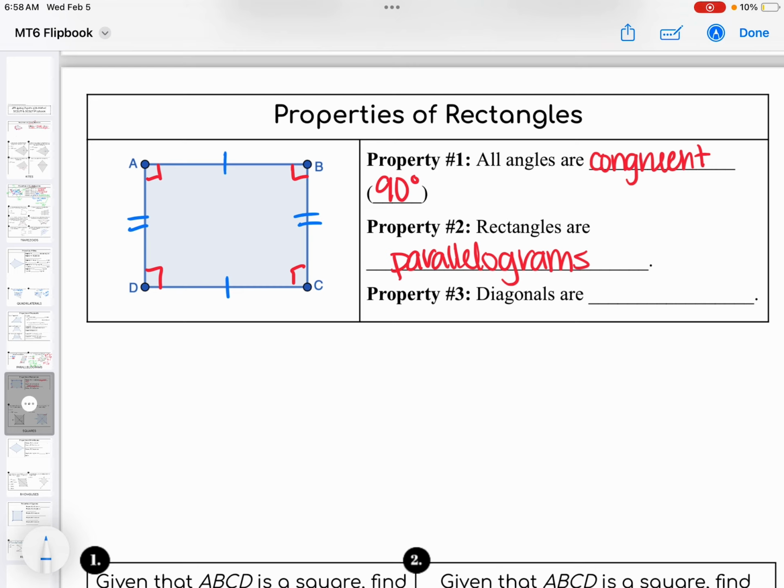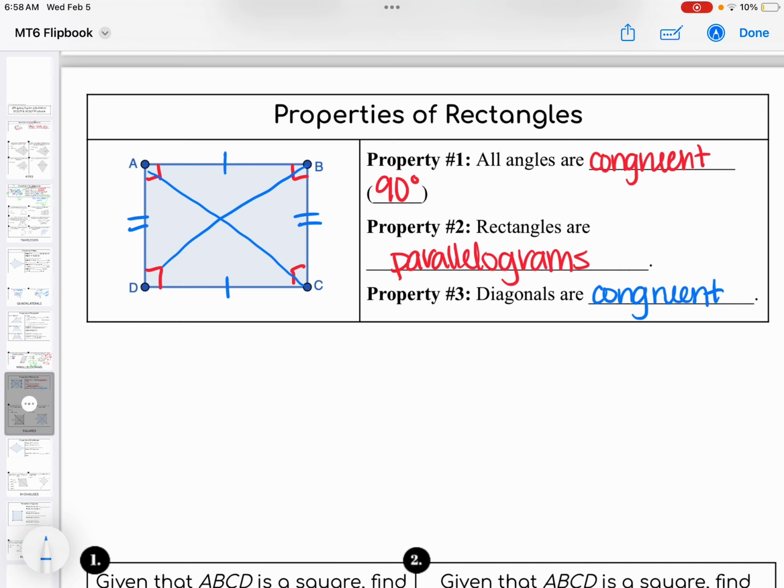We know that the diagonals are going to bisect each other. We know that the diagonals are going to be congruent, etc.